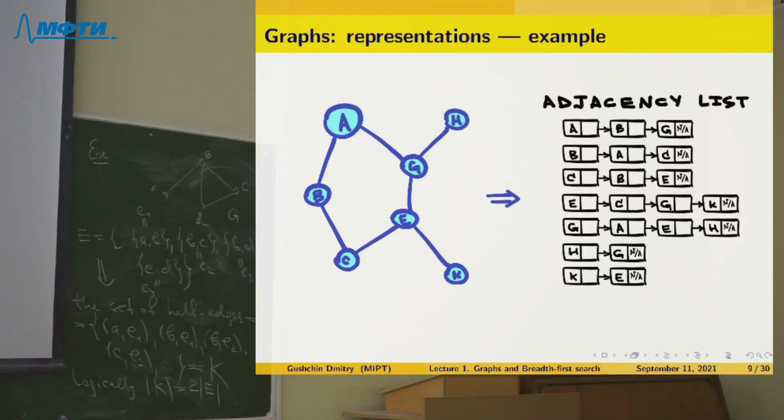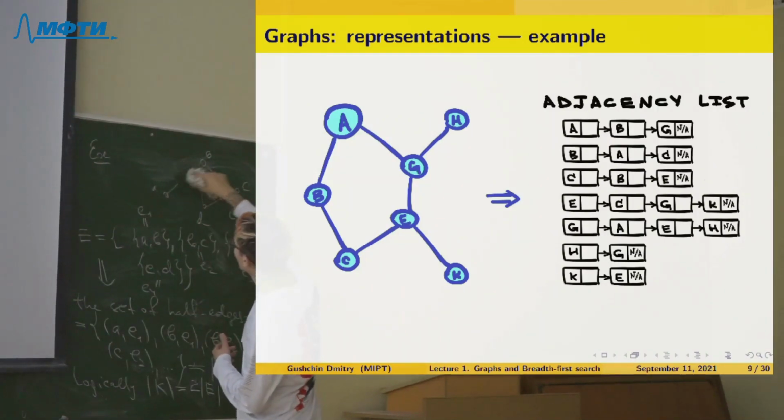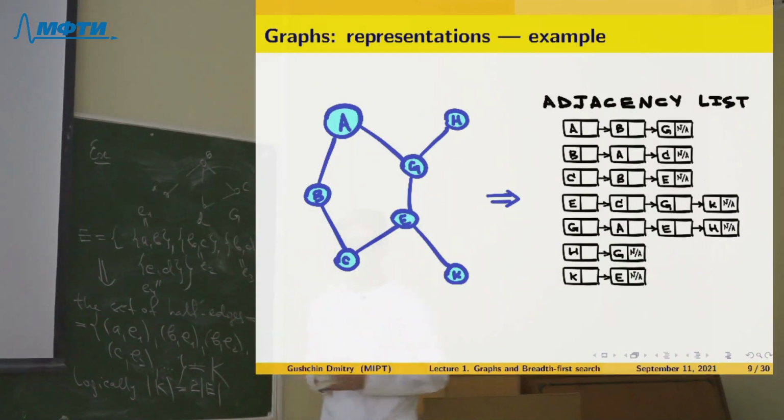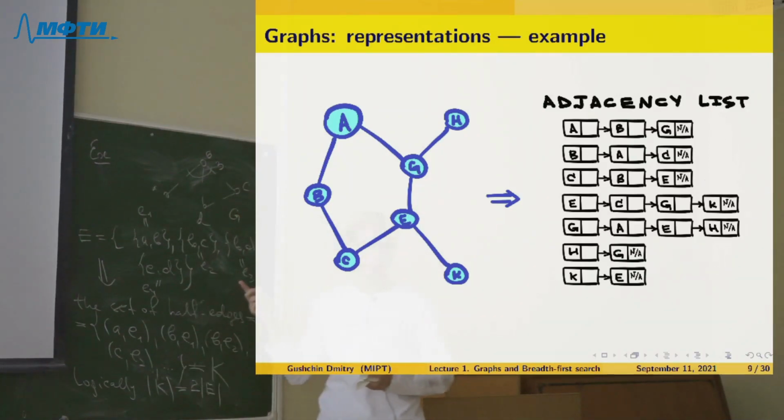But we can see how many half edges connect with a vertex, for example B. It's equal to the degree of the vertex. Here there are 3 half edges.